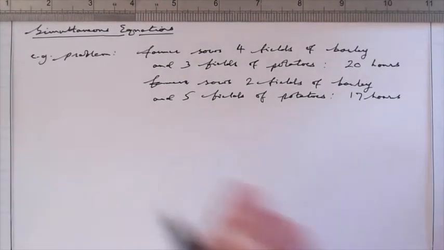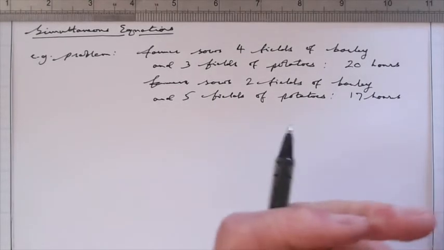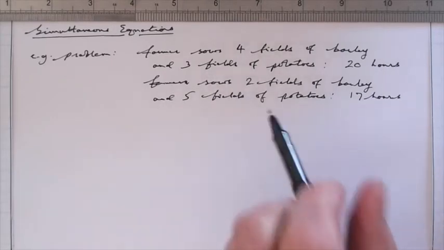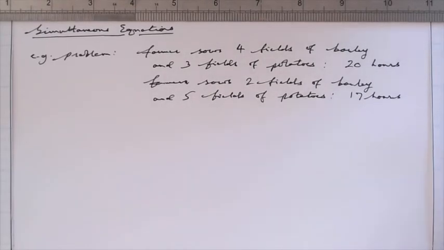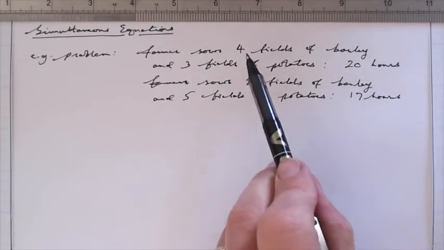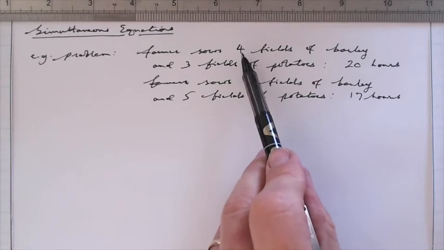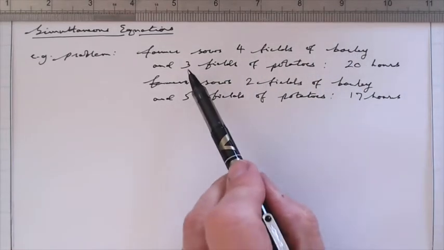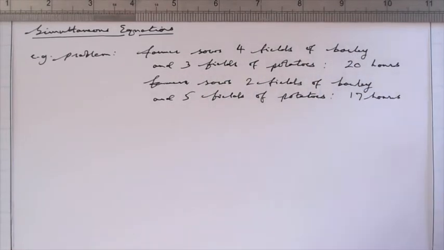This is the standard way that these types of problems are set up: you have 2 scenarios with different outcomes and different inputs, and you have to work out the inputs. That is the whole point of solving simultaneous equations. So scenario 1, 4 fields of barley and 3 fields of potatoes takes 20 hours.